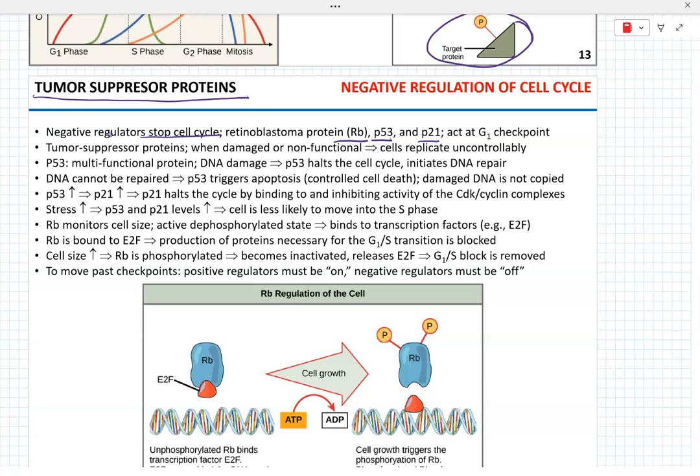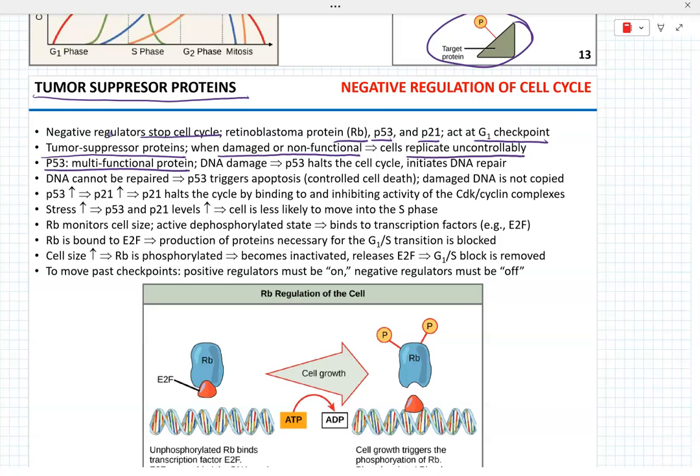These proteins act at the G1 checkpoint, and they are called tumor suppressor proteins because when the genes for these proteins are damaged or non-functional, cells would uncontrollably replicate. P53 is a multifunctional protein that responds to DNA damage.